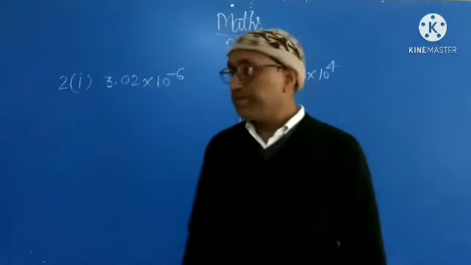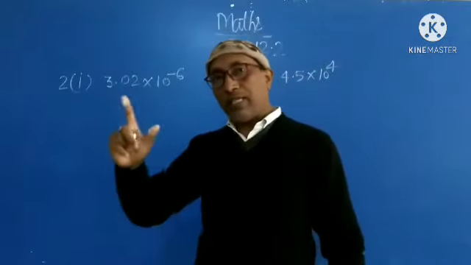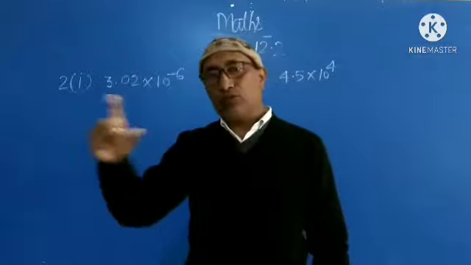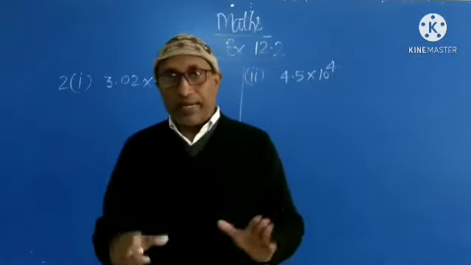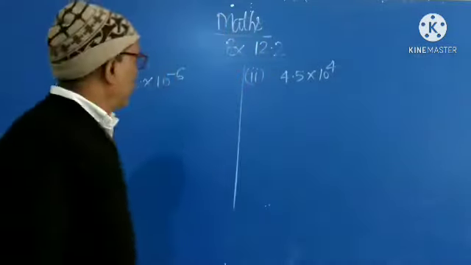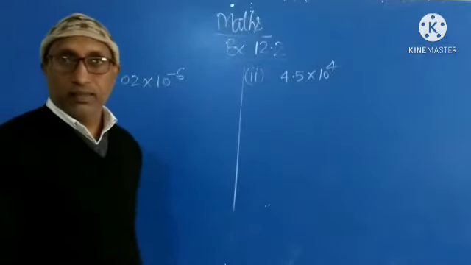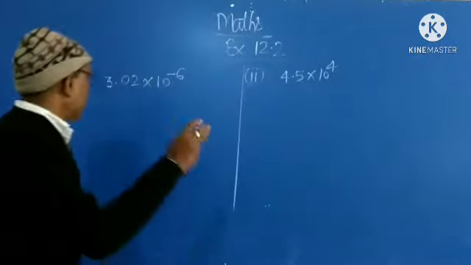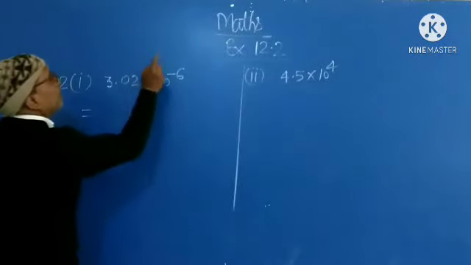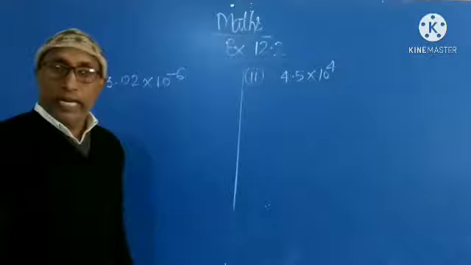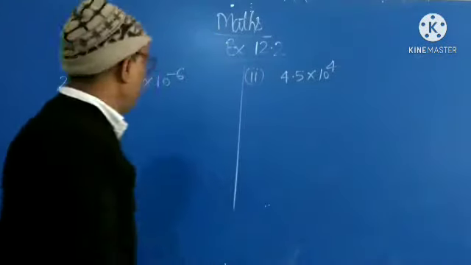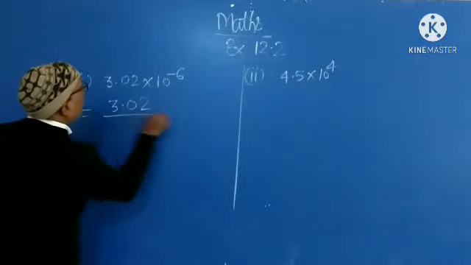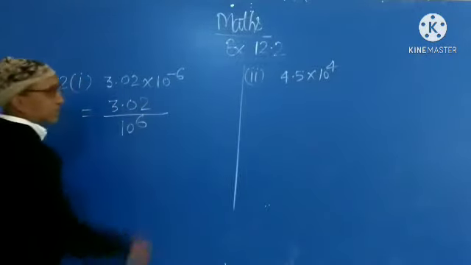Clear? Number 2 is: express the following number in usual form. It means you write this number without exponent, without any power. First of all, you convert the negative exponent into a positive exponent, like you write 3.02 upon 10 to the power 6.